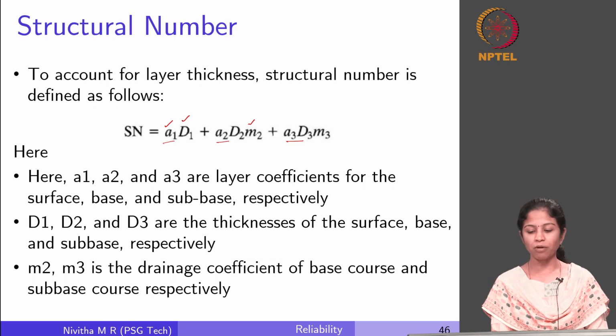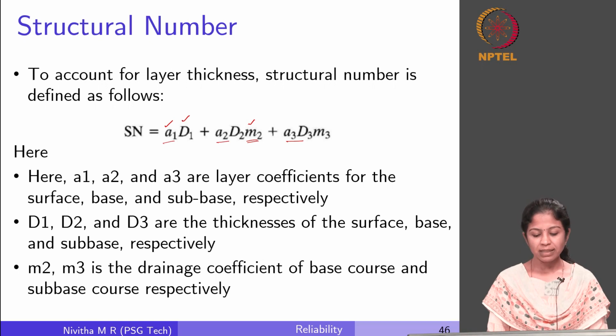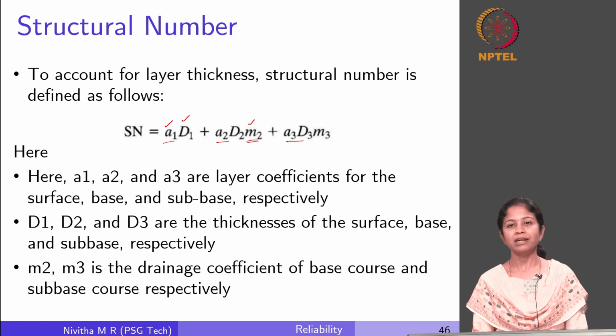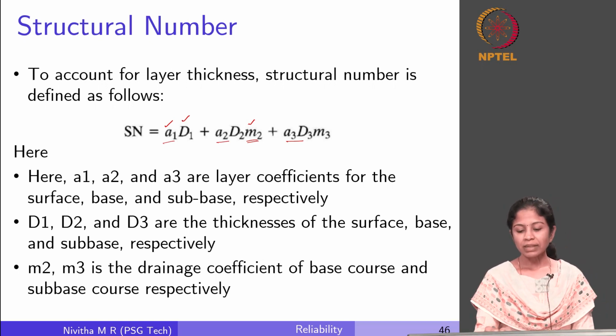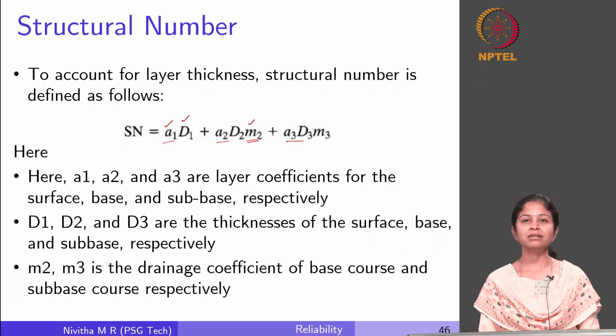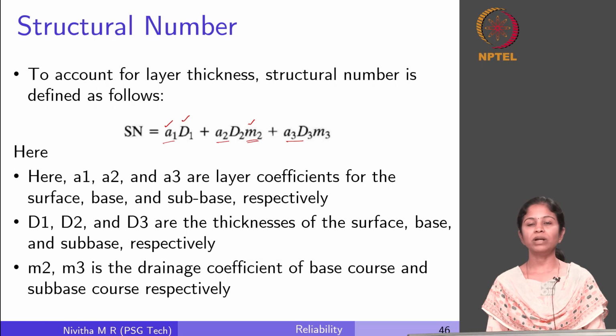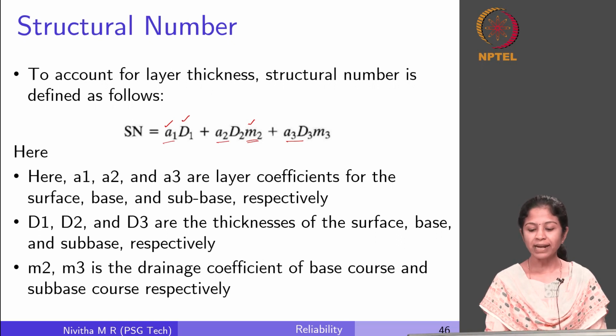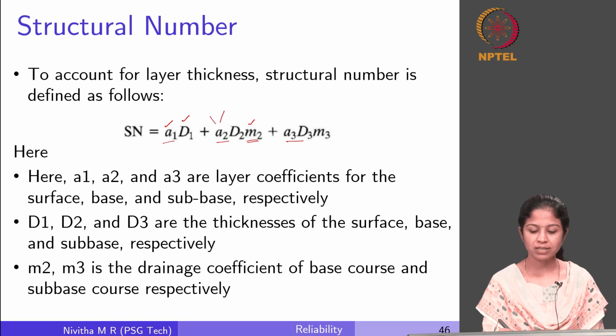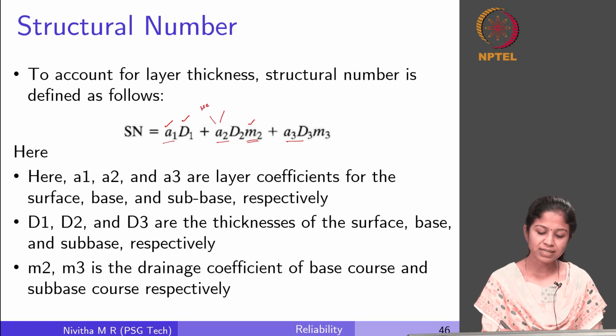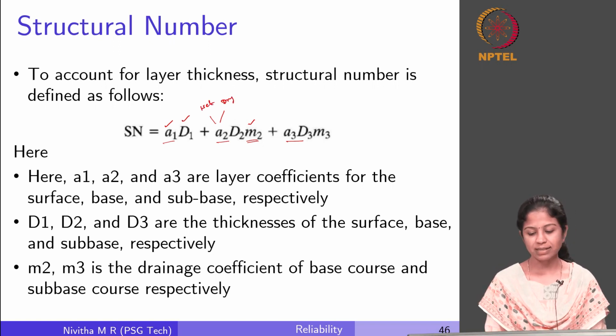So, now I have all these three, but we also have one more parameter called M. This M is nothing but the drainage coefficient. Since we are dealing with granular layers, the more the soil becomes saturated, the lesser will be the load carrying capacity. So, we might have two values for these constants, one in a wet state and another in a dry state.